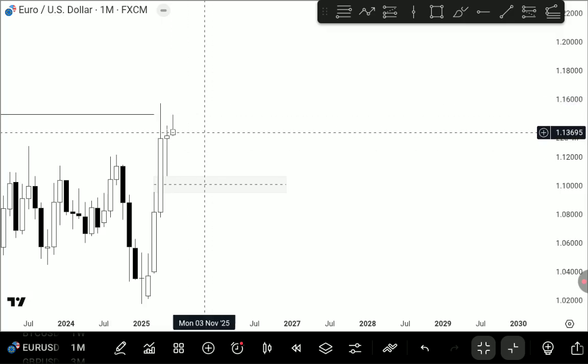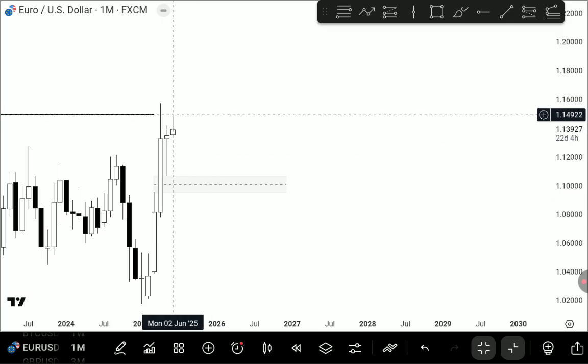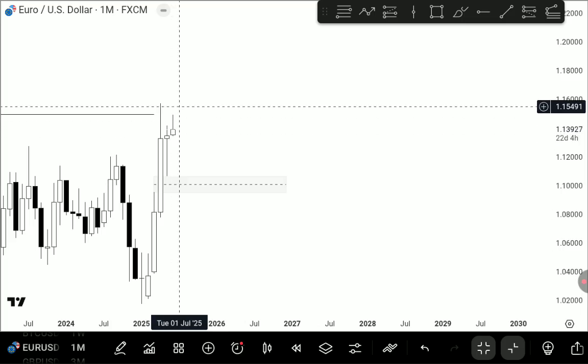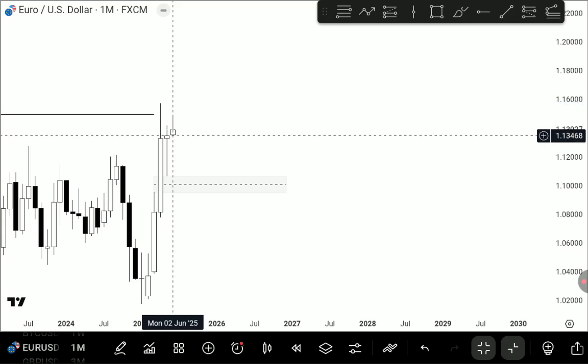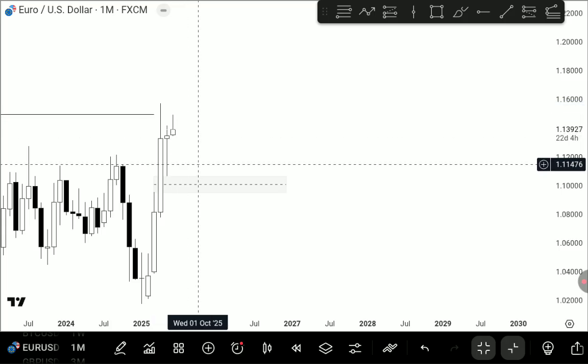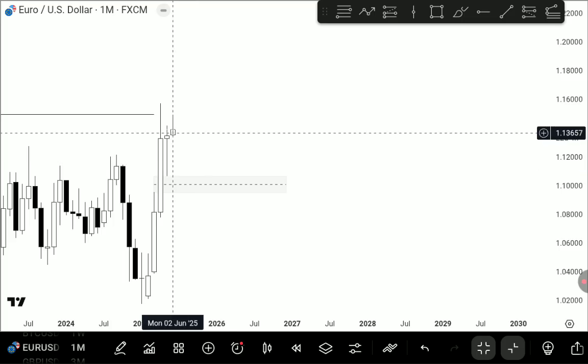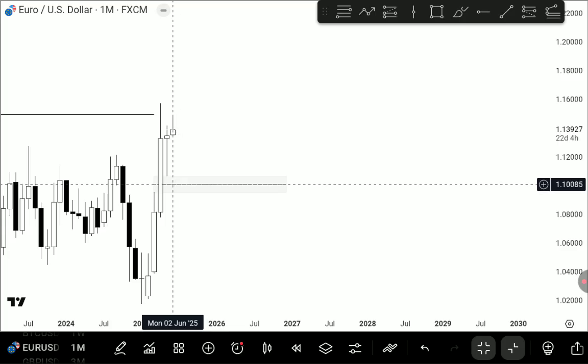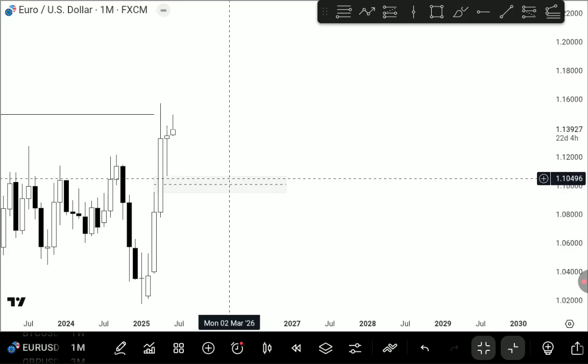Seasonally, typically, right? Remember, I can be confident, but can never be certain about what's gonna happen. So seasonally, June is bearish, and that's good because I have my draw of liquidity to the sell side.